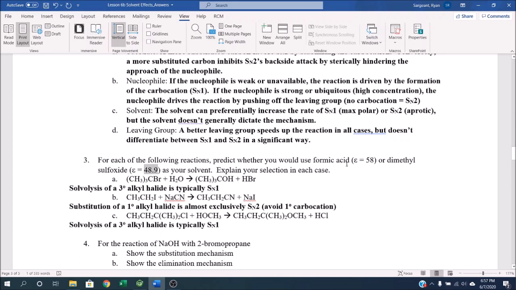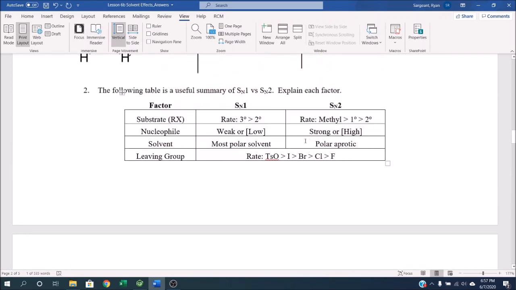And we would want to use formic acid for every possible SN1 reaction, and to choose whether or not we want to use formic acid or dimethyl sulfoxide in an SN2 reaction depends on whether or not the solvent is protic. So going back to the table, when the reaction is SN1, I just want to pick the most polar solvent possible.